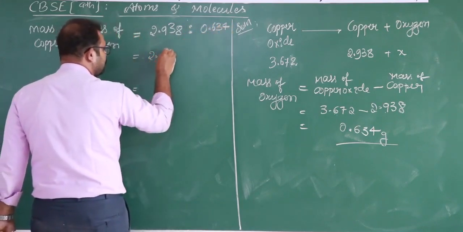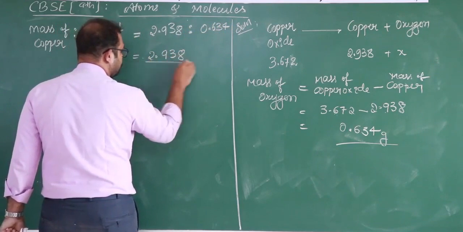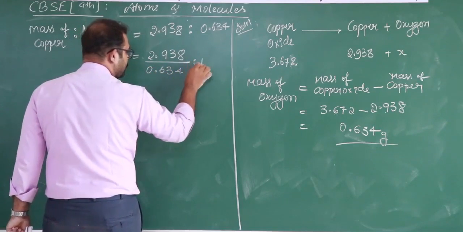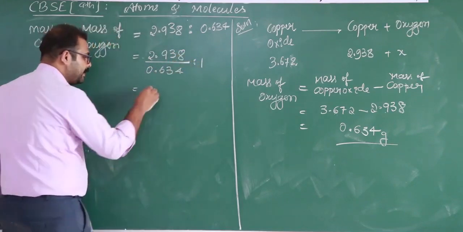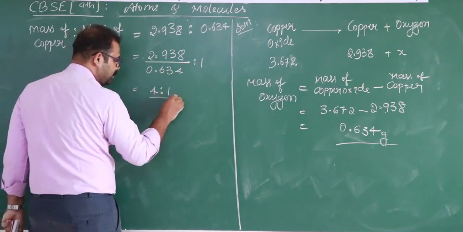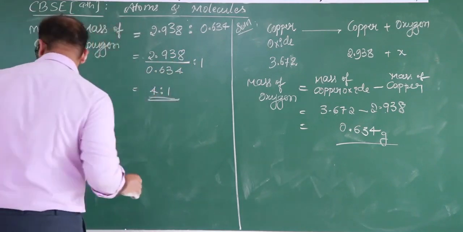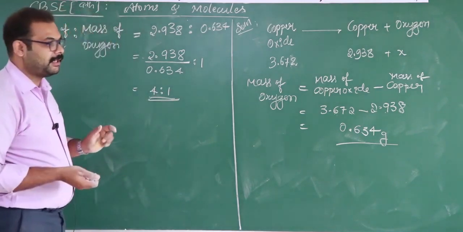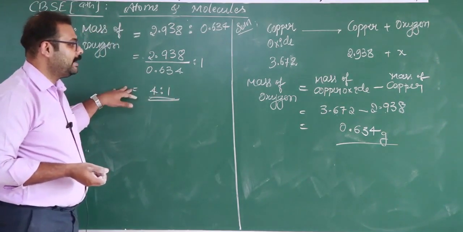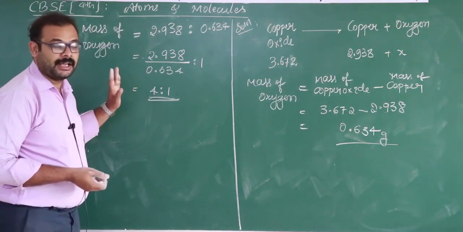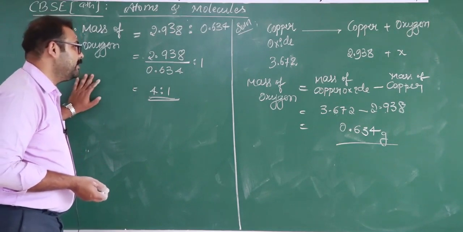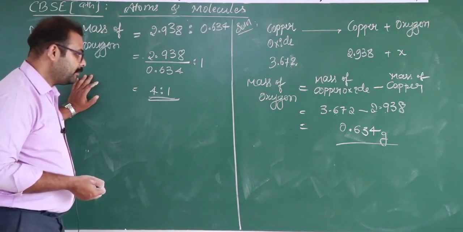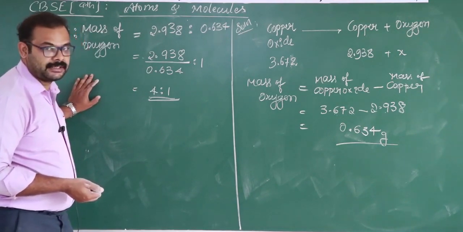If you take the ratio of that and simplify, you will get the same proportion, that is 4:1. So this shows that the ratio of copper and oxygen in the compound copper oxide is the same in both the cases, and in this way it verifies the law of constant proportion. The remaining problems and concepts will continue in the next class. Thank you.